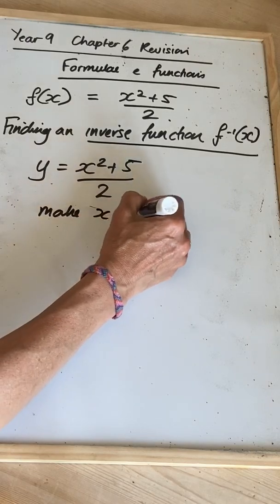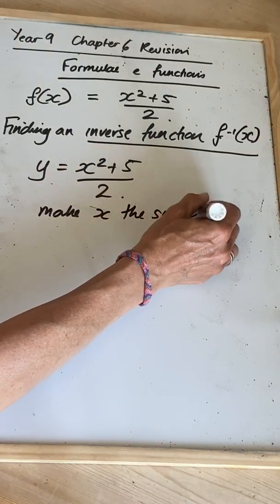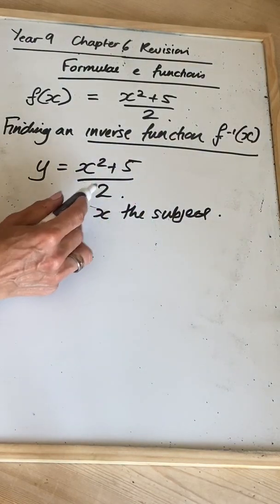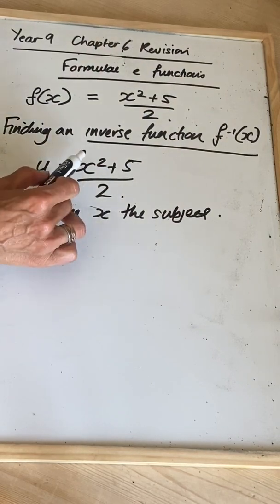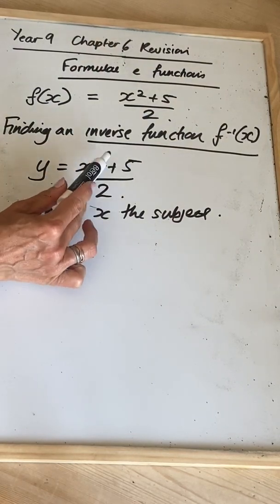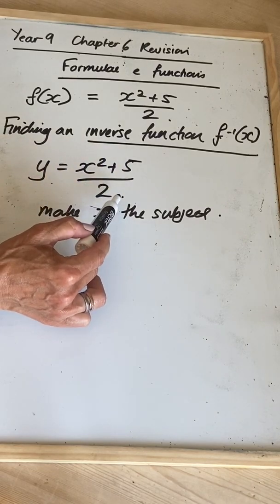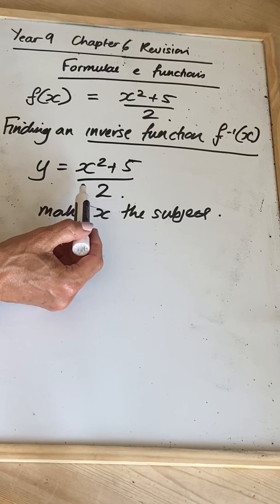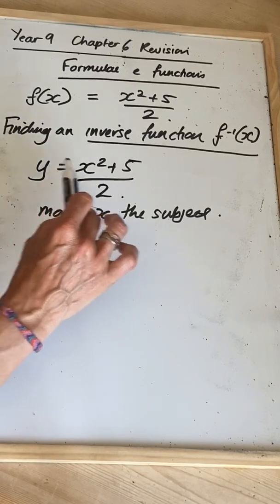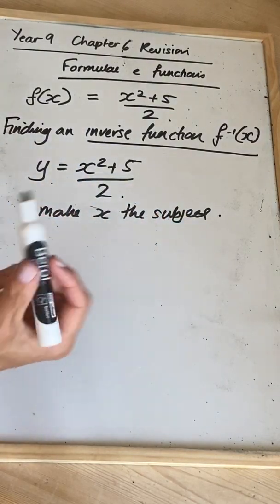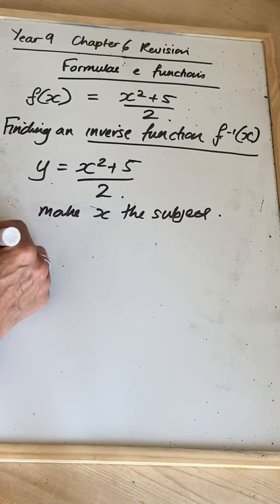So if we're going to make x the subject, then we've got to undo what has happened to the x here. So here the x has been squared, it's had 5 added to it, and the whole thing's divided by 2. We're going to reverse that out, yeah? So the last thing was the whole thing was divided by 2, so we're going to start off by multiplying by 2.